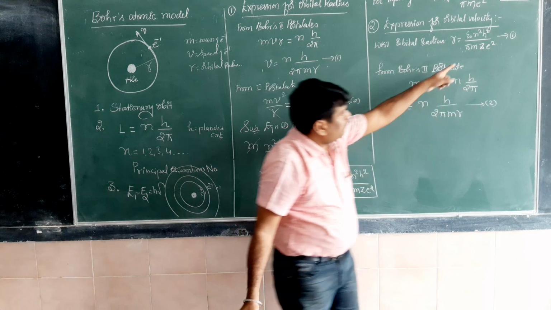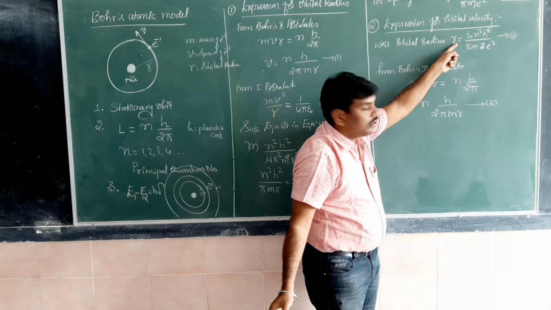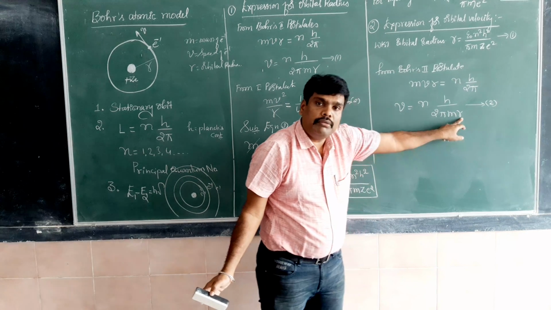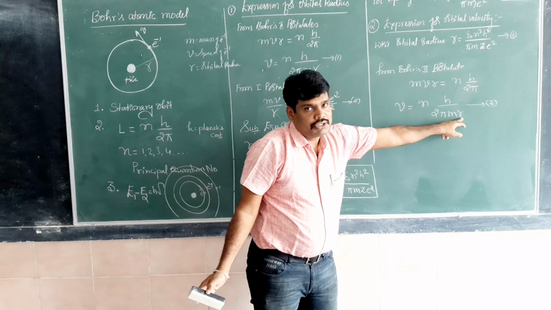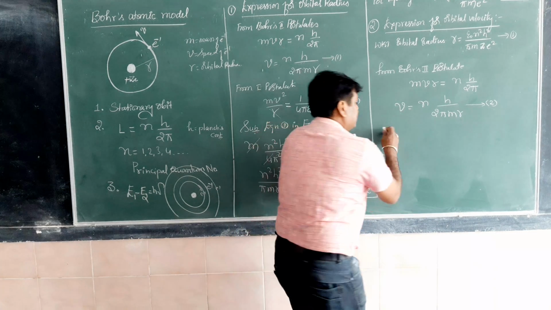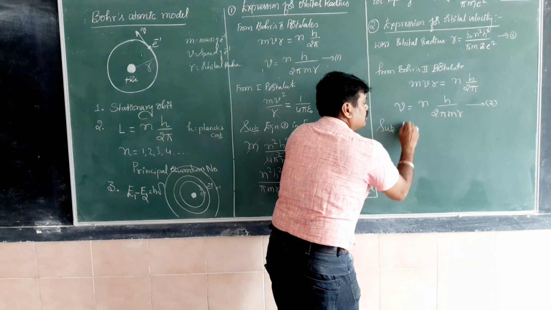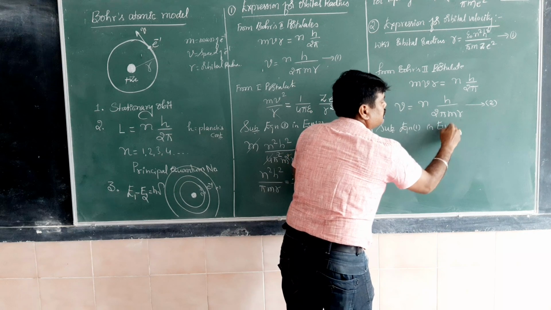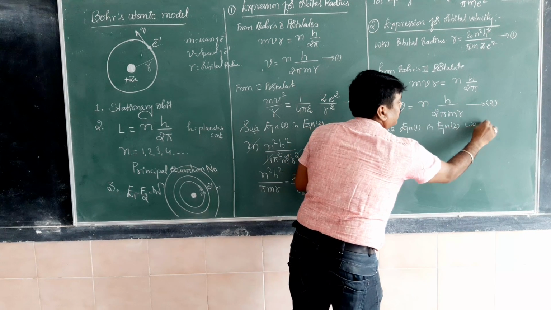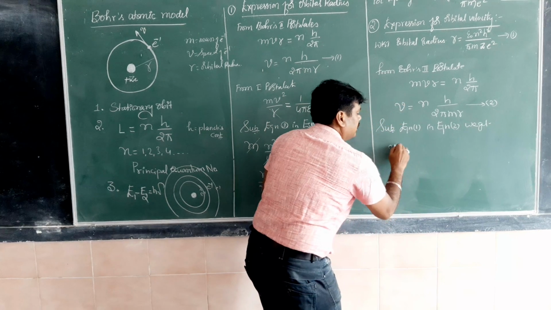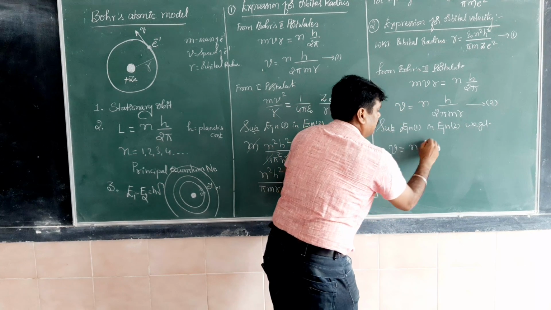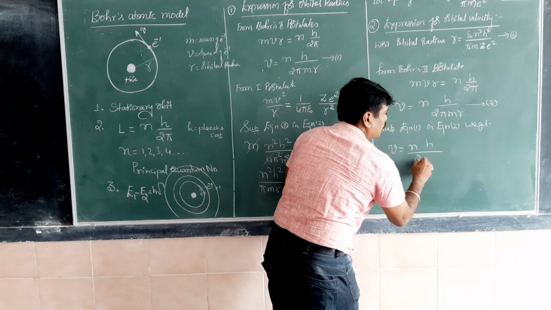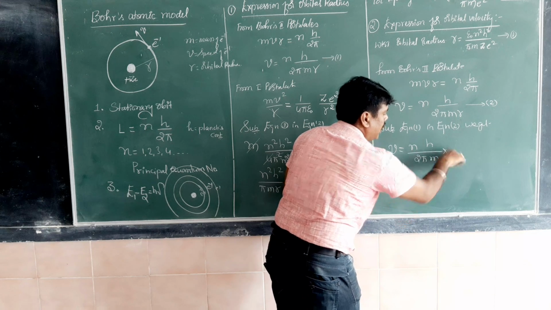Now replace r here, that is, substitute equation 1 in equation number 2. Substituting equation number 1 in equation number 2, we get orbital velocity equal to n h divided by 2 pi m into r.